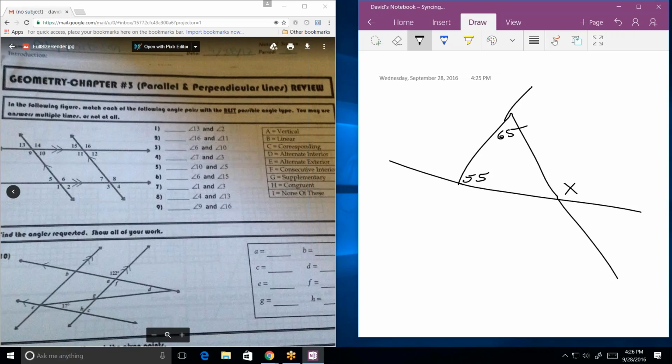What's X equal to? 120. Good. Now what's X equal to? 105. Yeah, so you're beginning to get an idea of what the exterior angle means.